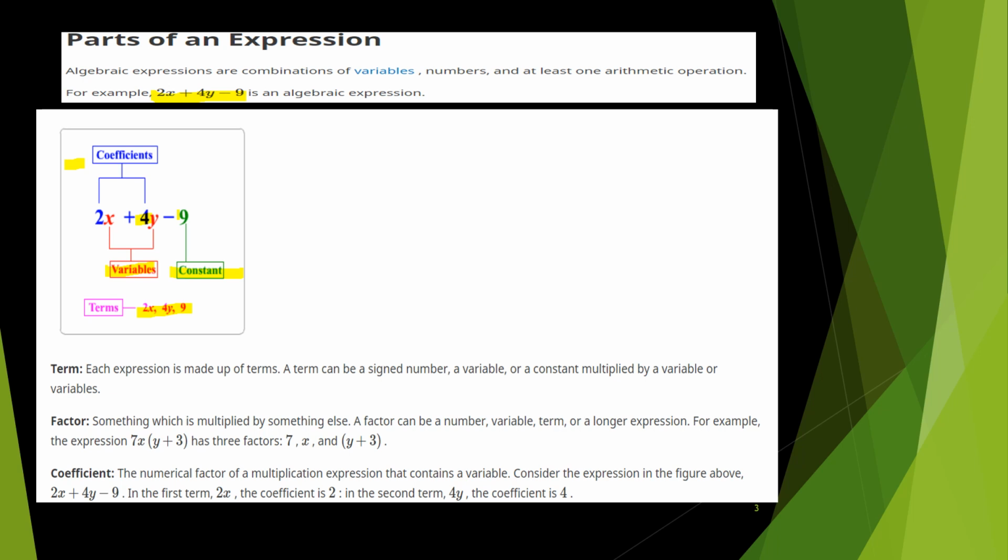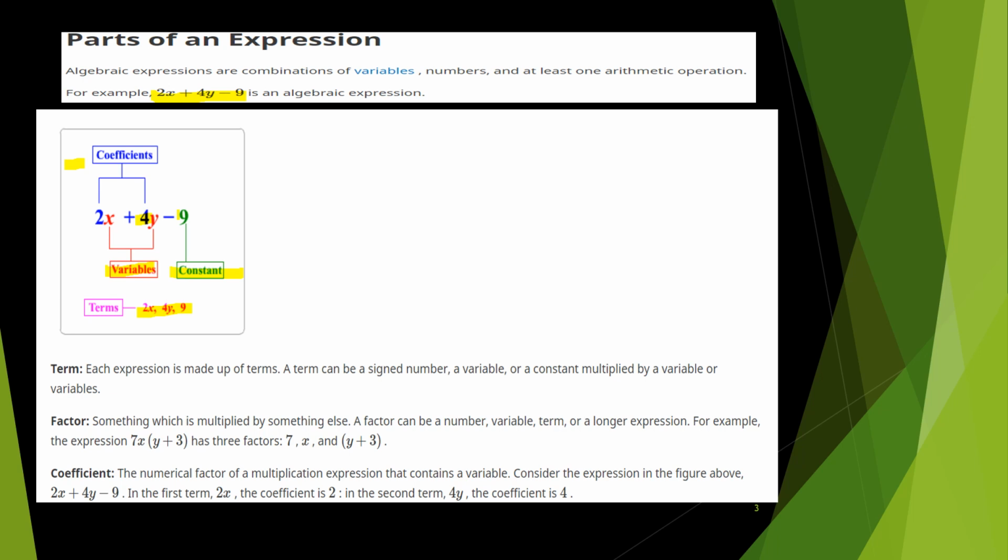Factor: something which is multiplied by something else. A factor can be a number, variable, term or a longer expression. For example, in the expression 7x times (y plus 3), the three factors are 7, x and y plus 3.